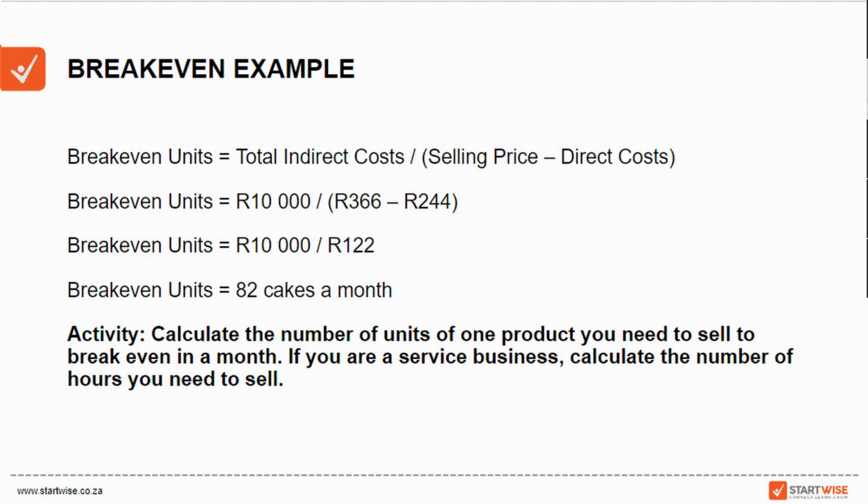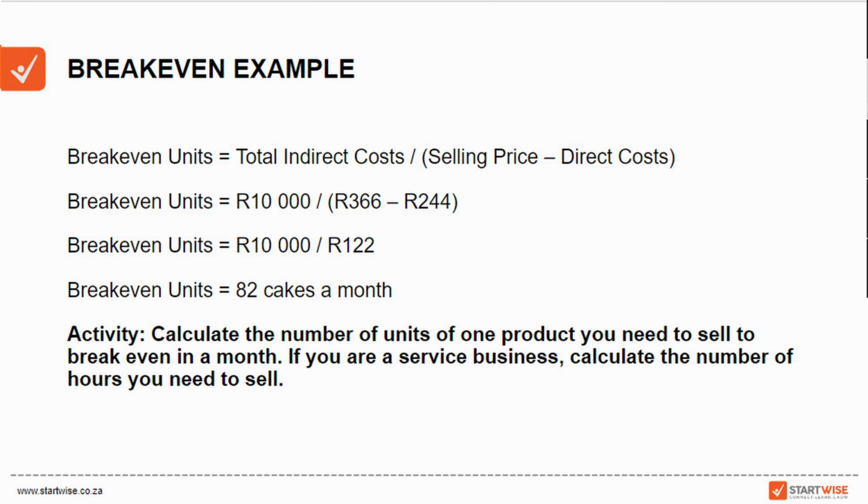I'm going to give you an example, continuing with the cake bakery business. Let's say that Themba's total indirect costs for rent, salaries, cell phone, etc. per month is 10,000 Rand. You would put that in there. We saw that earlier we calculated his selling price with a 50% markup at 366 Rand, and the direct costs of all the ingredients that he bought to make his cake is 244 Rand.